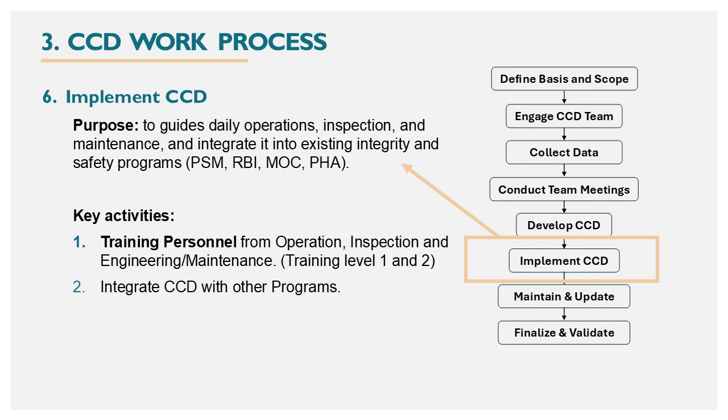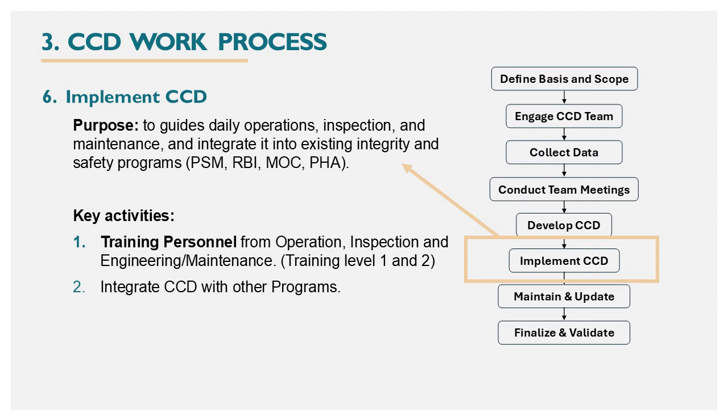Key activity number 2 in implementing CCD is to integrate CCD with other programs. The first is to integrate CCD with MOC or management of change: review CCD for any process or equipment change, and update CCD if risks change. The second is PHA or process hazards analysis: use CCD for corrosion hazard checks and include damage mechanism checklists.